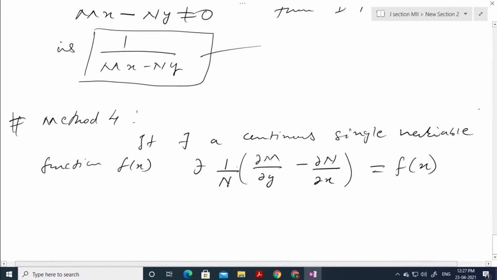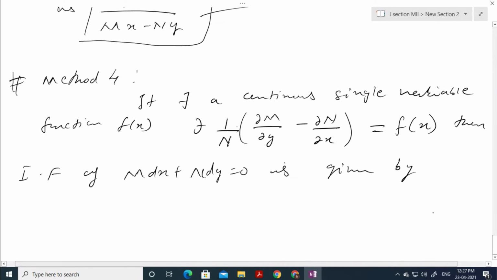Then the integrating factor of M dx plus N dy equal to 0 is given by e to the power integral f of x dx. This will be your integrating factor, which you have to multiply with M dx plus N dy. And this will again be a function of x only, remember. Got it, what I have written?